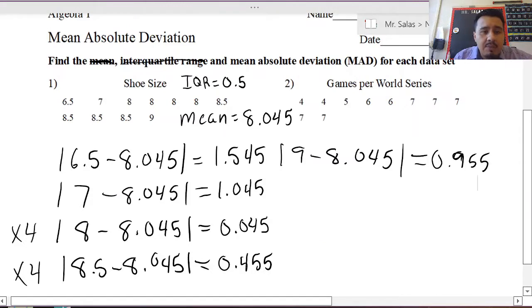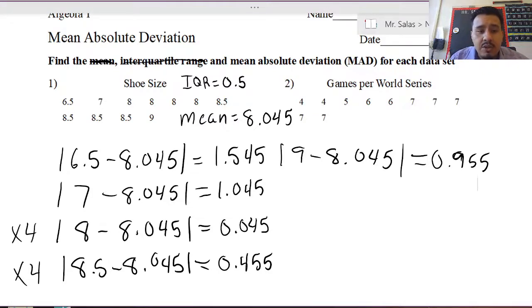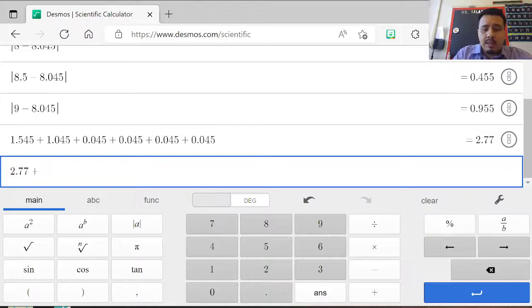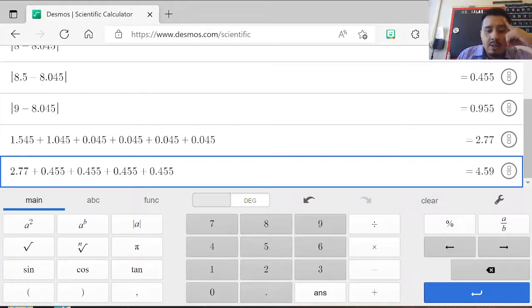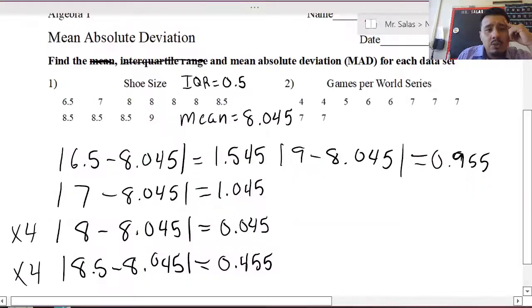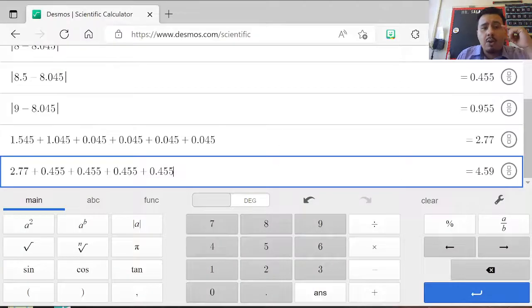Remember, this answer repeats itself 4 times, so I write that answer 4 times: plus 0.455 plus 0.455 plus 0.455 plus 0.455. One more operation: we have to include this 0.955. So plus 0.955. We're going to hit enter now.